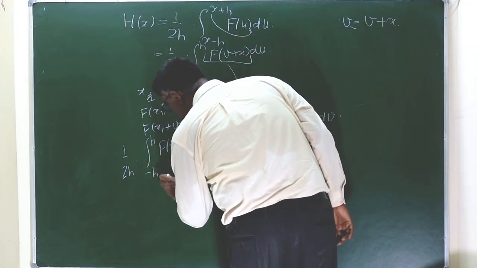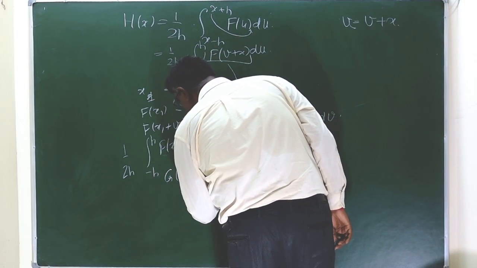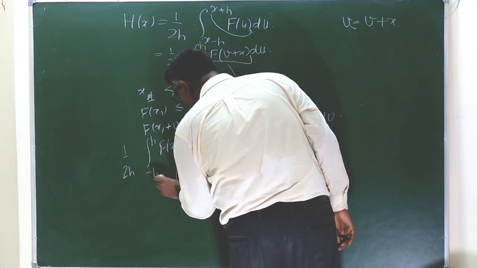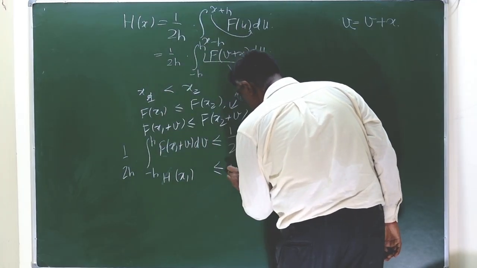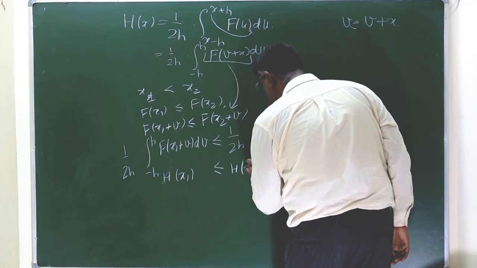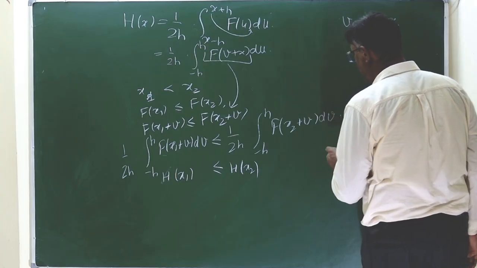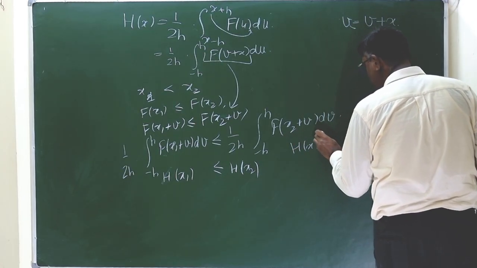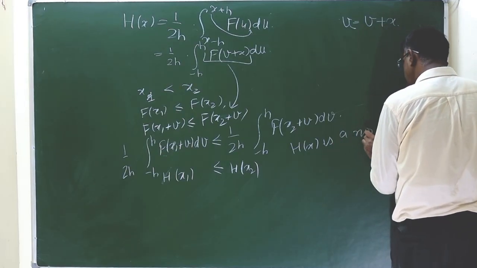So what is this? This is h of x1, which is less than or equal to h of x2. So we established that h(x) is a non-decreasing function.